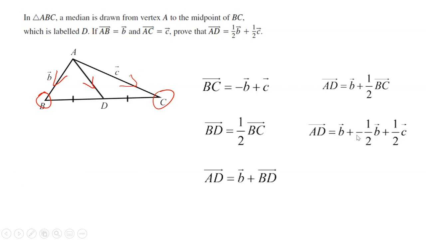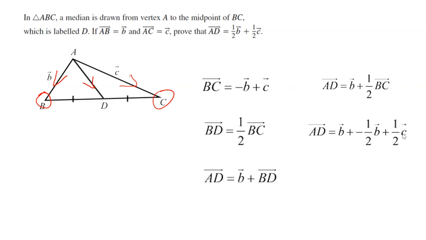Okay, so can I not therefore say that, since this is half of BC and BC is this thing right here, it's minus B, which is what half of this is, plus a half of C. So I'm really taking this thing here and halving it. So that'll be minus a half B plus a half of C. Oh, that might have been a big step. Does everybody see the step I just did?